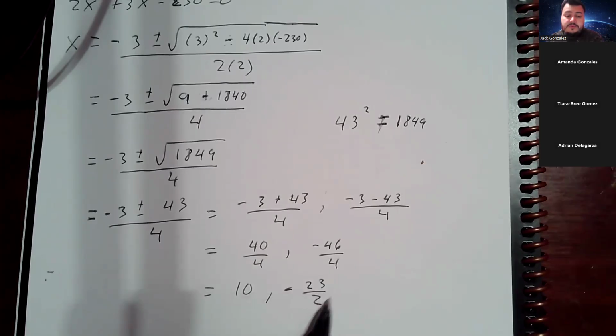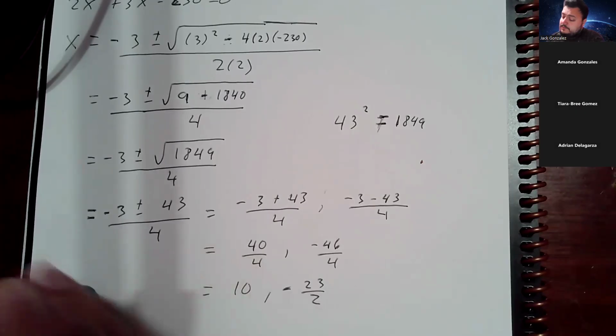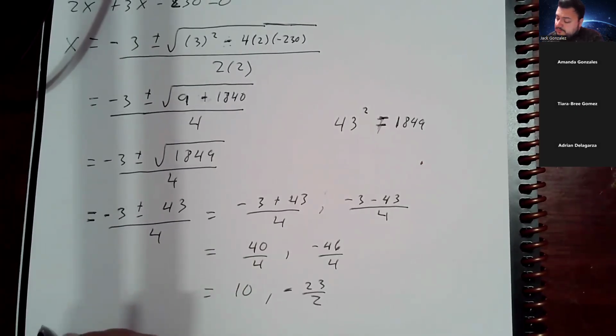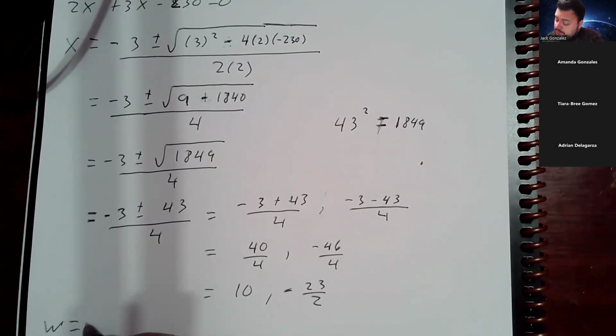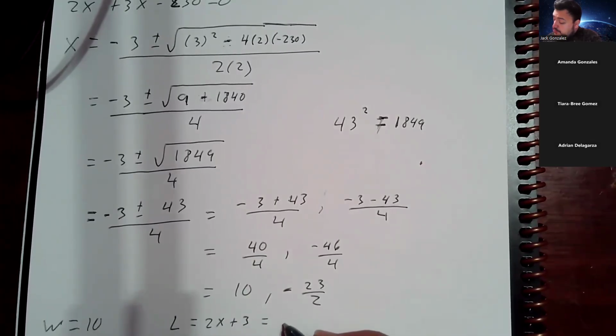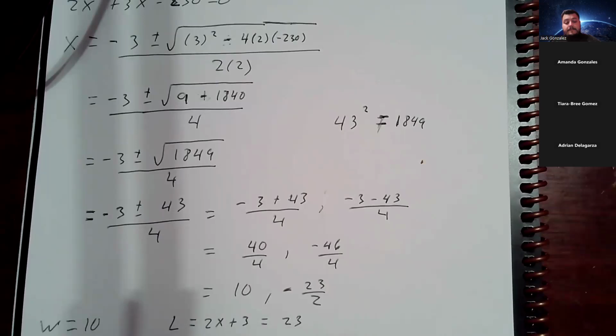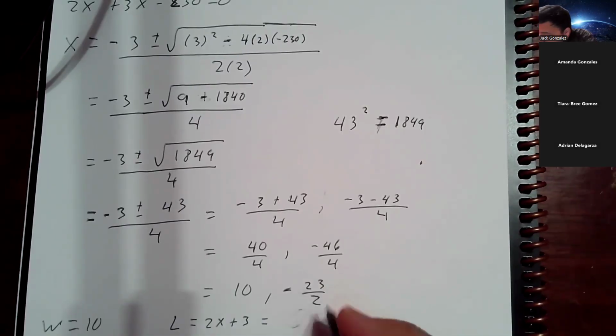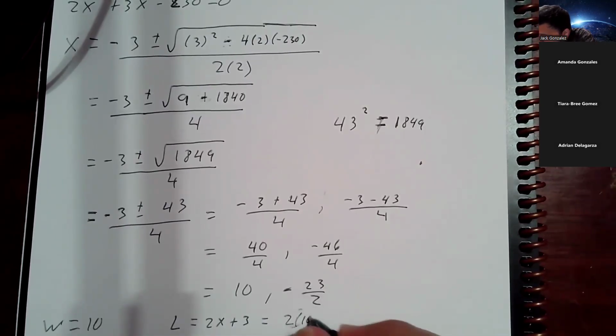So does negative 23 over 2 make sense? No. It does not. So width is 10. The length is equal to 2 times the width plus 3, which is 23, right? Guess I should show the work there. 2 times 10 plus 3.